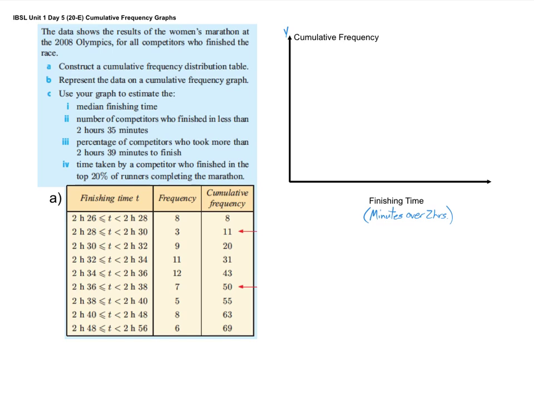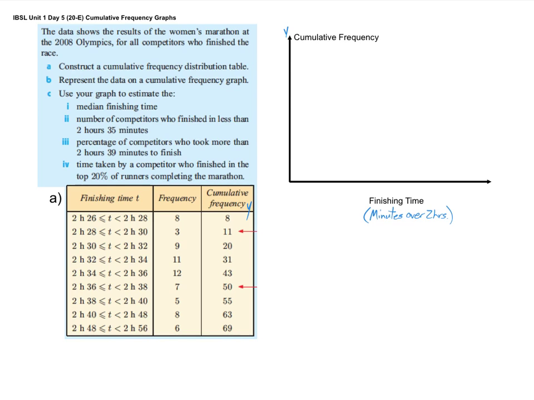This column right here is going to give us all of our y values. What do you notice about all of those y values? They're greater than just the frequency. What do you notice about them? Y is cumulative frequency. We'll talk about percentile in a sec.